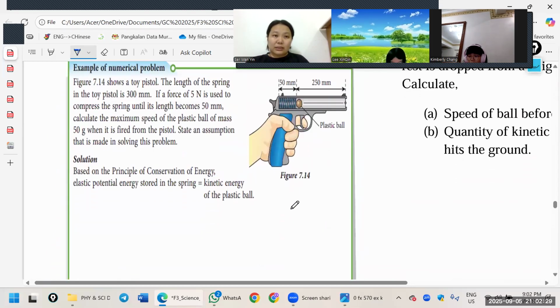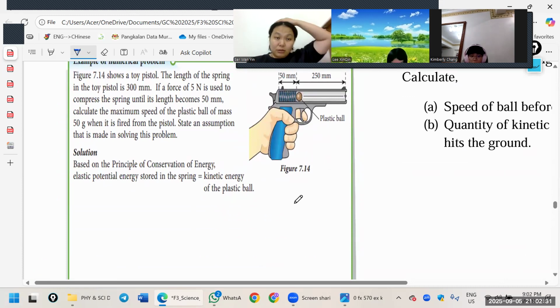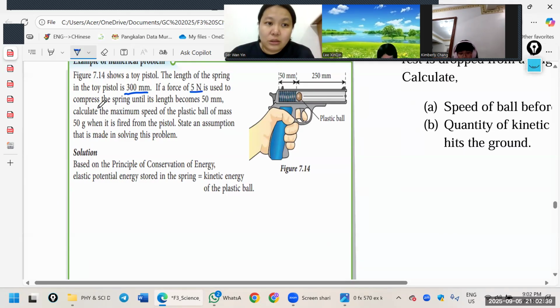All right, so next, this is a toy pistol. The length of the spring is 300 mm. A force of 5 newtons is used to compress the spring until the length becomes 50 mm.